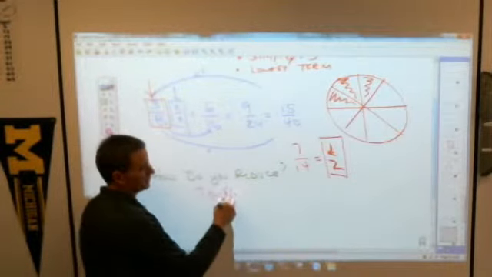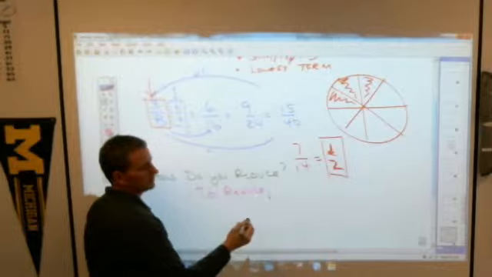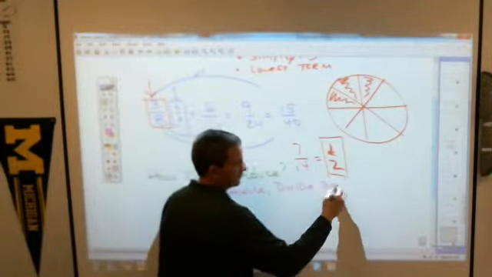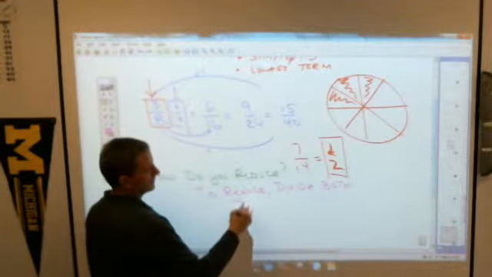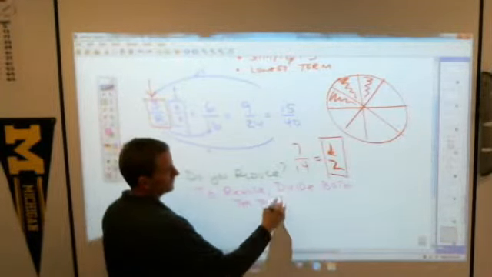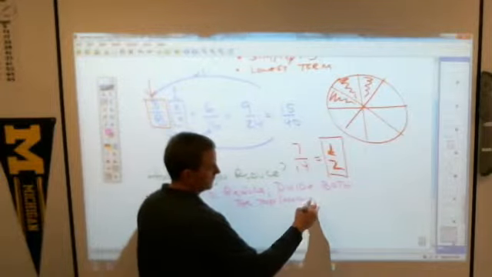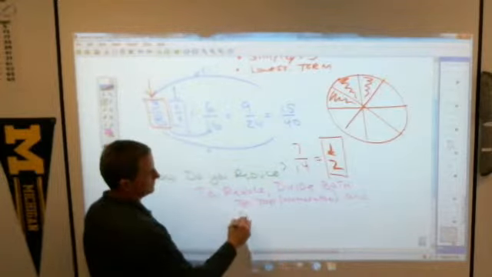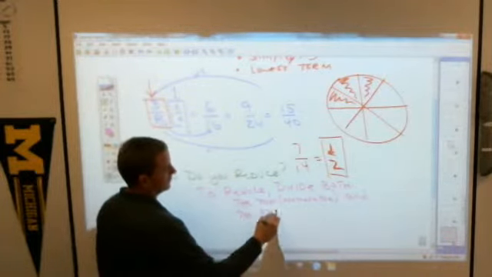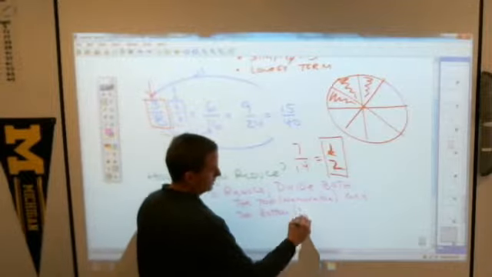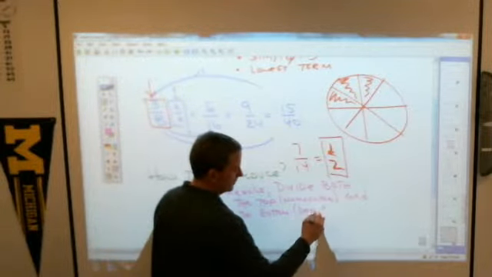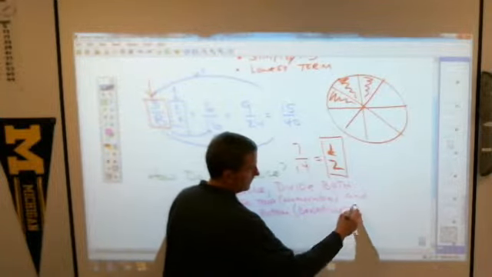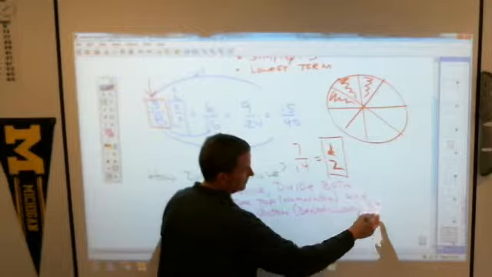To reduce, comma, you have to divide both the top, which we call the numerator, and the bottom, which we call the denominator, the denominator, as Schwarzenegger says, by the same number.